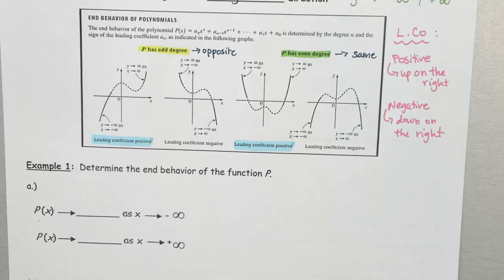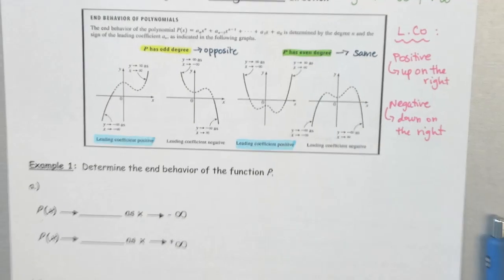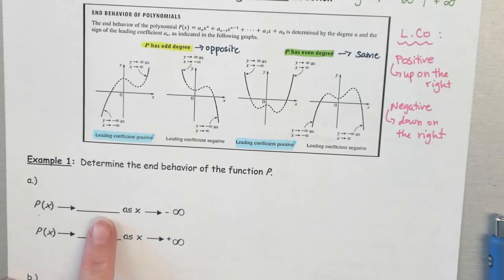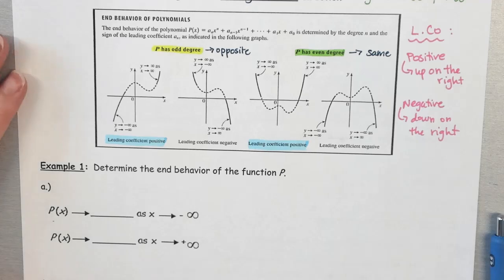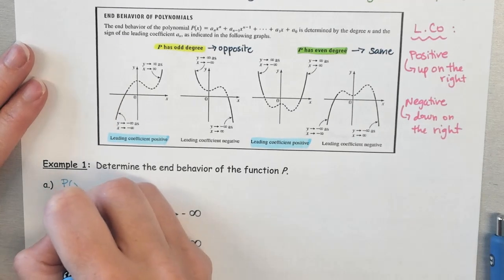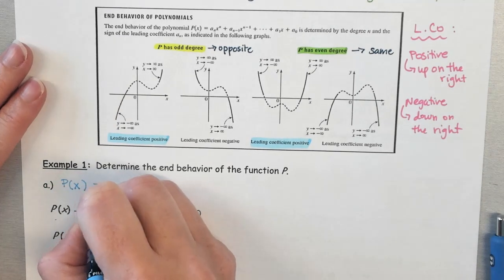Okay, so for part A, you're going to be given a polynomial p of x, and then you're going to be filling out your form. Okay, and again, this book does it a little differently than last year's book, but they do mean the same thing.